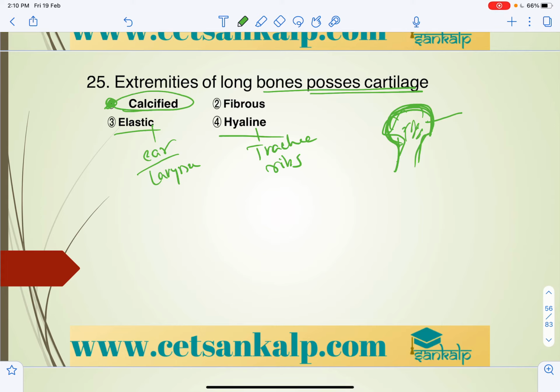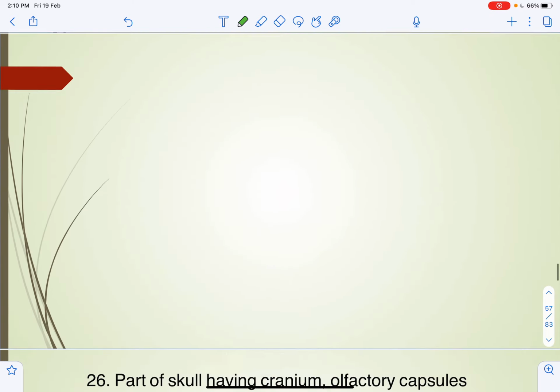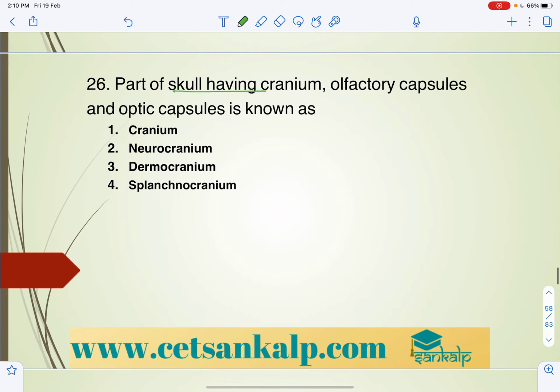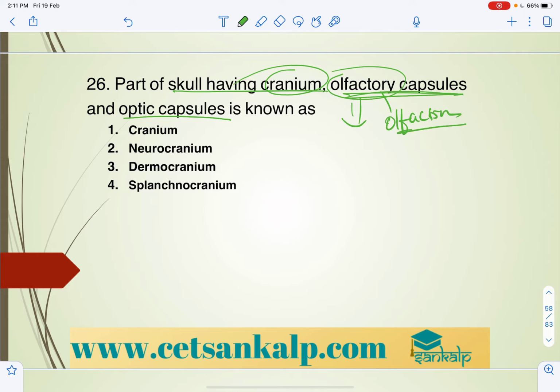So next question we can take, part of skull having cranium, olfactory capsules, optic capsules, or the centers which are generally present. So olfactory capsule helps in olfaction, that is smell, which has a center, and then optic, that is in the occipital bone ends, they are called neurocranium.